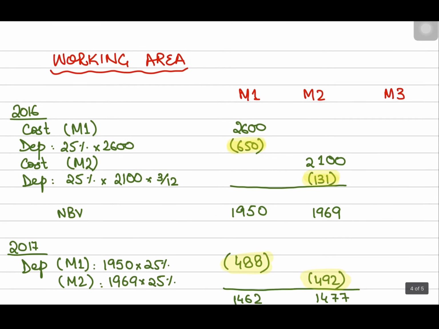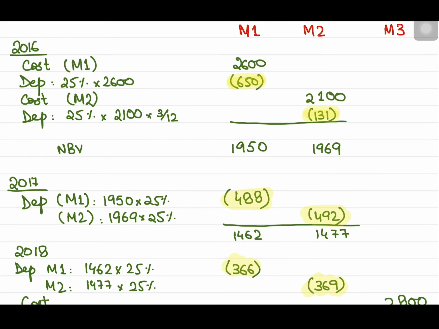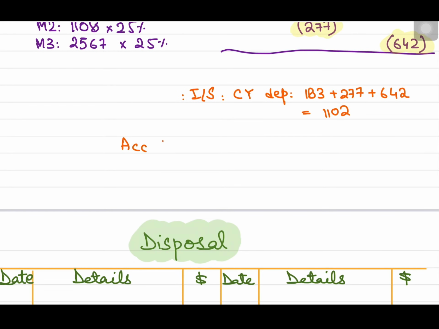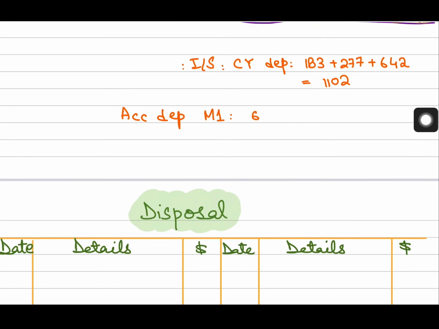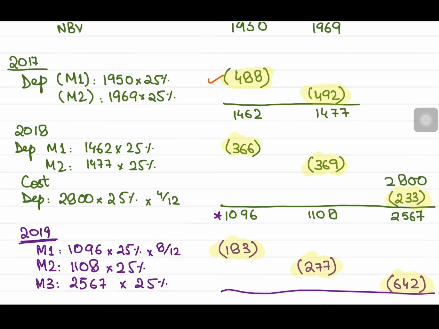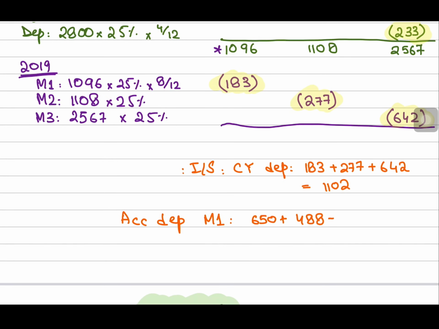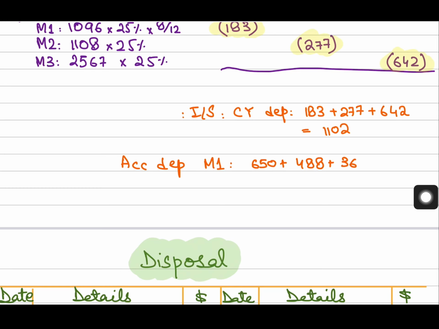Right? So how do we calculate the accumulated depreciation? Very easy. We just have to add all the depreciation that we have charged so far from 2016 till 2019 on machinery number 1. So let's calculate that as well. Accumulated depreciation on machinery 1 will be, in the first year it was 650. So 650 plus in 2017 it was 488. Add 488. Then in 2018 it is 366.